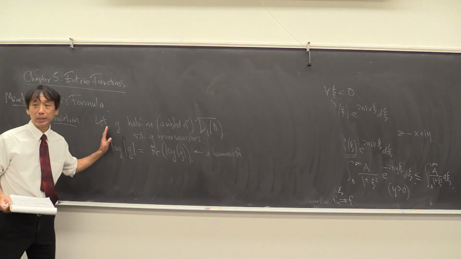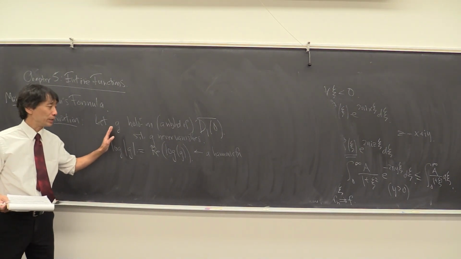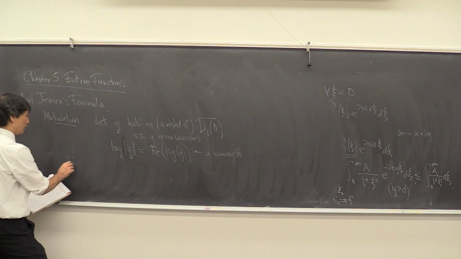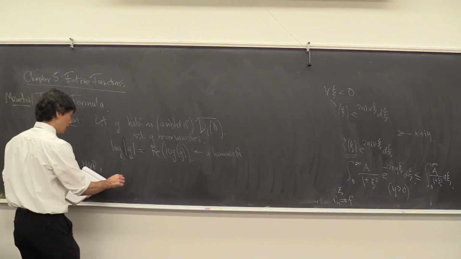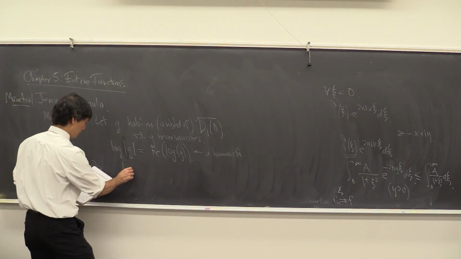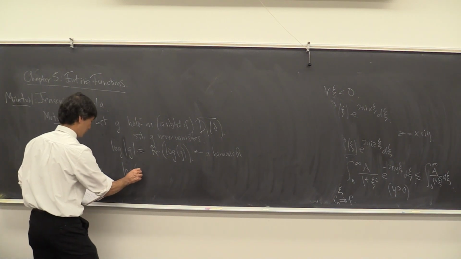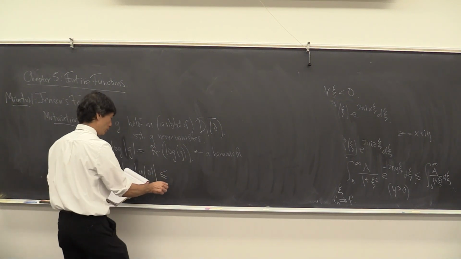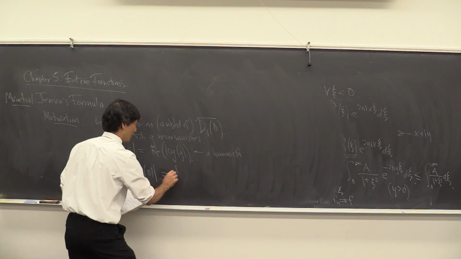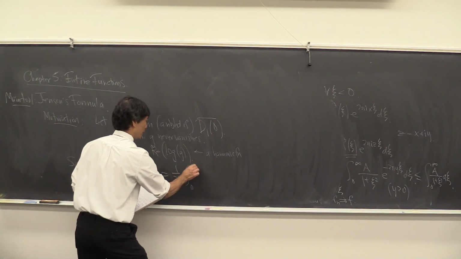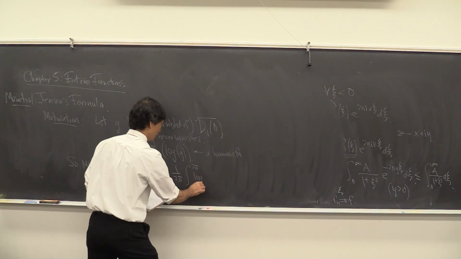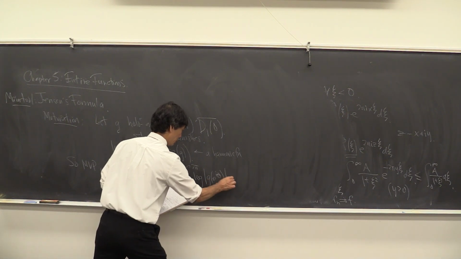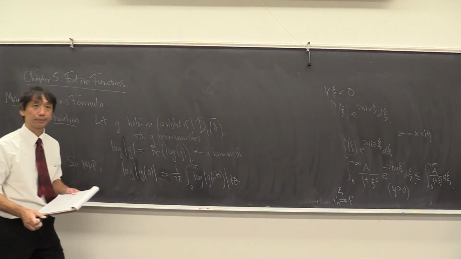Okay, so one thing that we saw before is that if you have a harmonic function, then the mean value property still applies to it. And so from the mean value property, we get the following: the log of the absolute value of g of 0 is equal to the average value, the mean value of the function on the boundary of the circle.